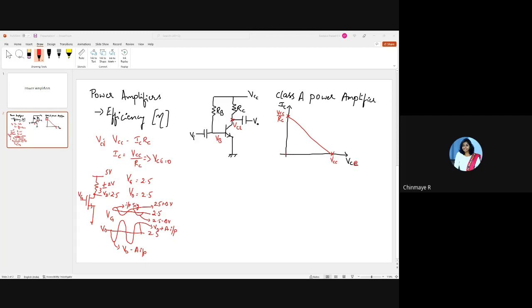Correct. So therefore, this should be equal to VCC by 2. Therefore, you have to fix the Q point here such that the DC voltage there must be VCC by 2. Similarly, at that time, what do you think will be the value of the current, IDC current?